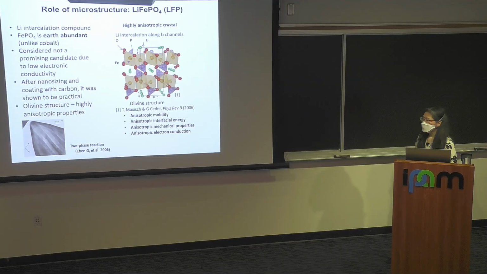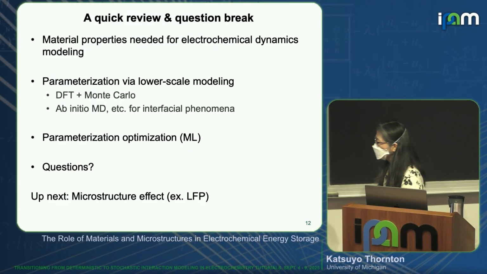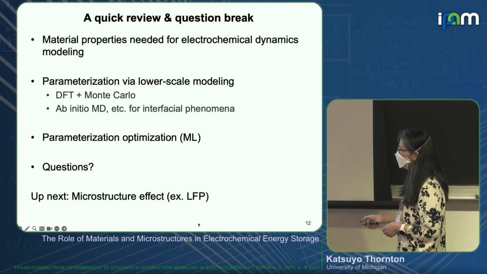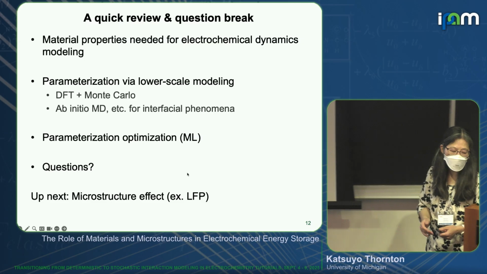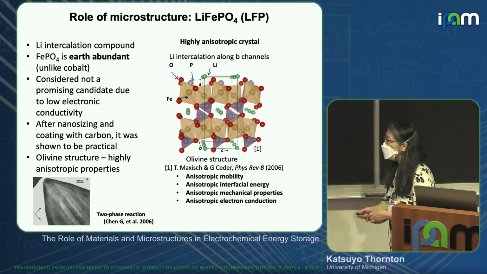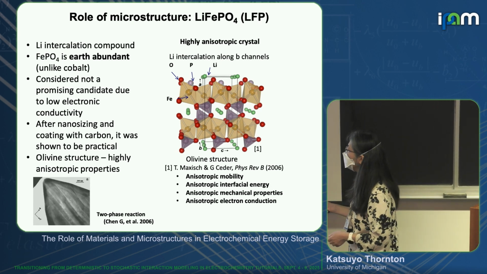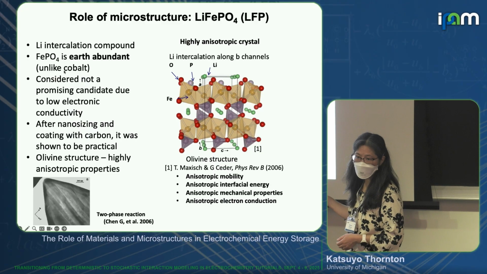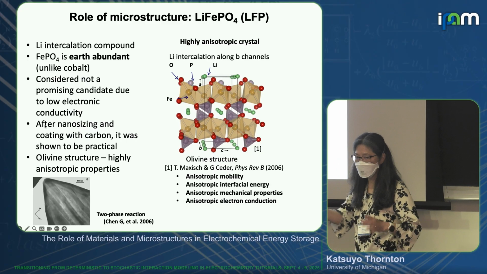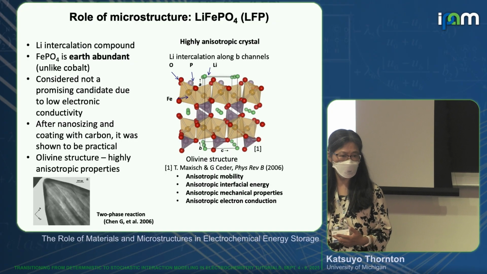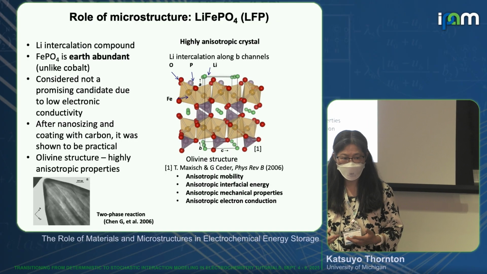Okay. So next I'm going to talk about microstructure effect, and I'm going to introduce a material called lithium iron phosphate, LFP, and it is another one of those lithium intercalation compounds. Just to review, this was the key in enabling rechargeable batteries.